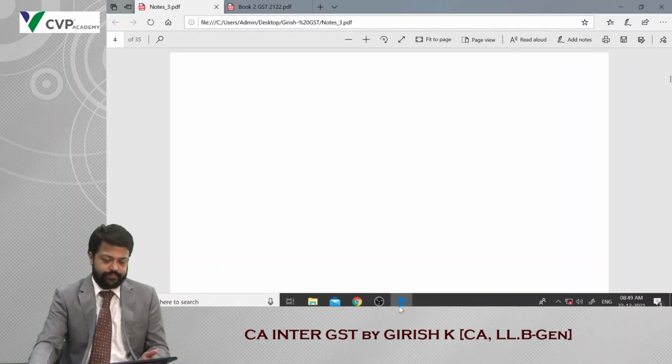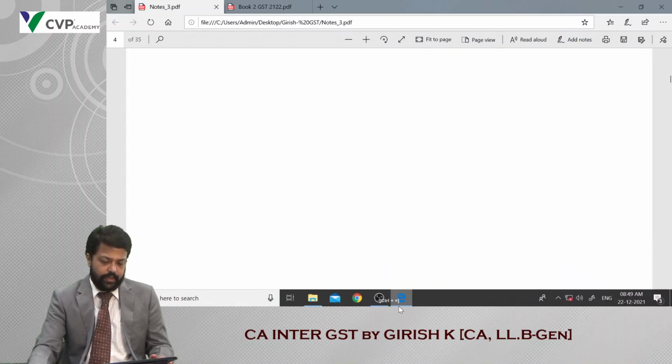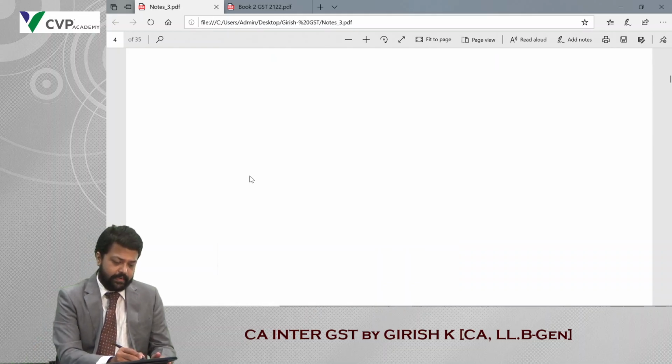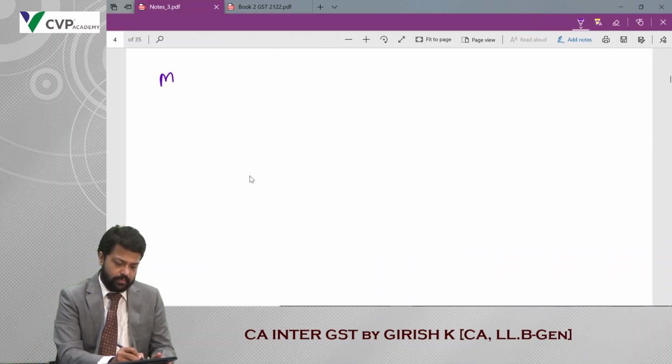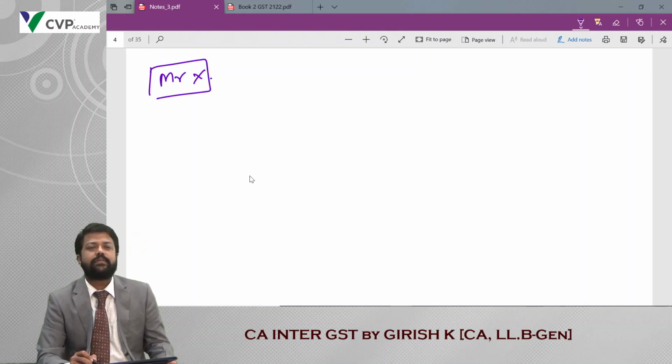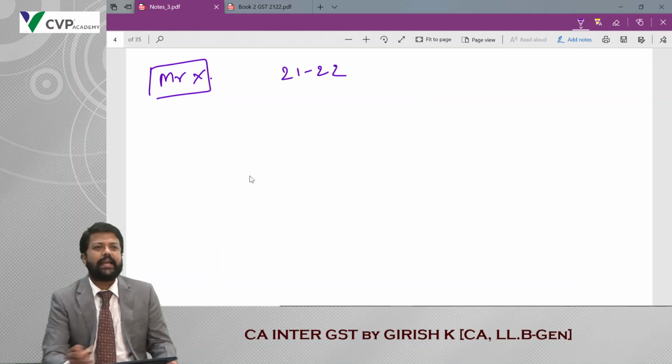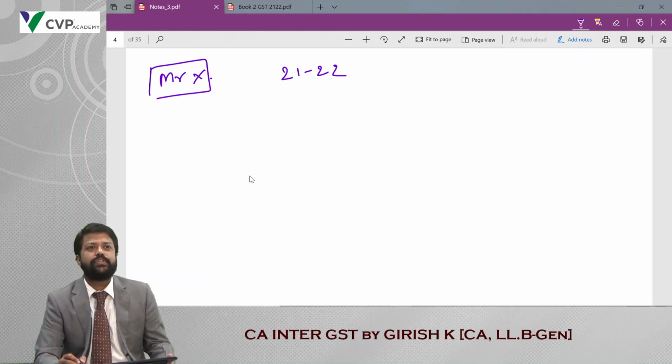Suppose Mr. X thinks that in the year 21-22 his turnover is not exceeding the 20 lakhs or 40 lakhs limit, so he needs to apply for cancellation.